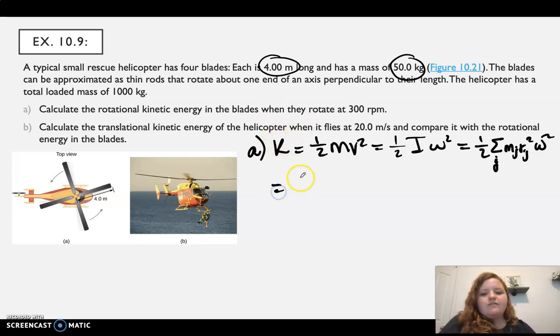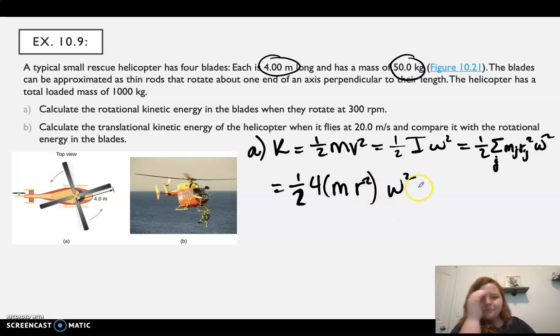So we should have 1/2 times 4 times mr squared, omega squared. We have our omega that is given to us here, 300 rotations per minute, and we have our mass and our radius.